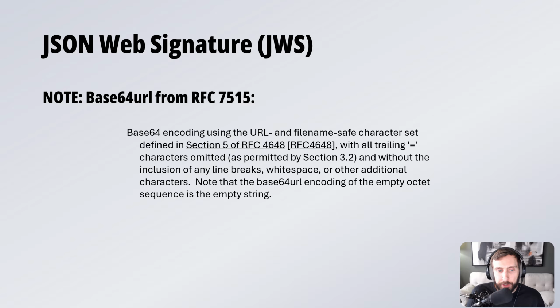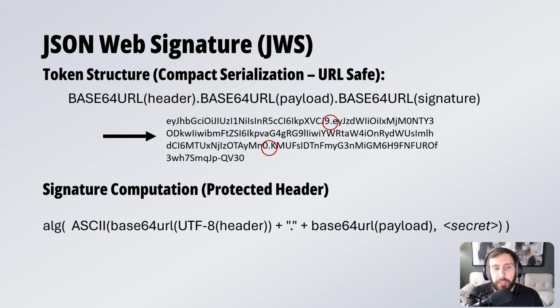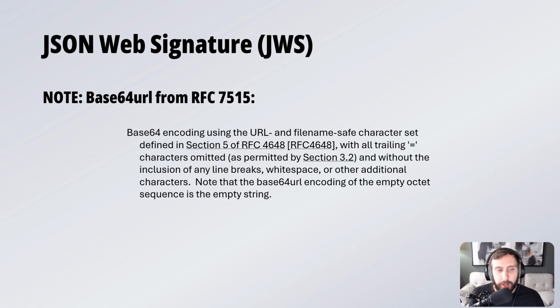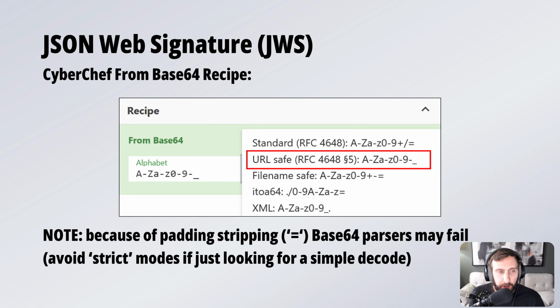One thing that is important to mention is that the trailing padding characters are omitted here. So when you're looking at tokens here, even though they're base64 encoded, you don't see those padding characters built into the token. That is fine because it can be inferred from the content as per the RFC.